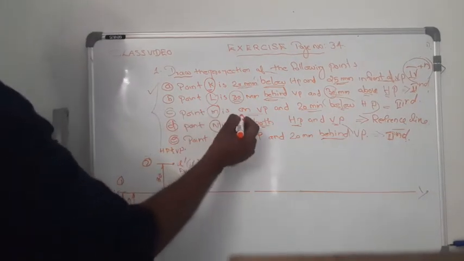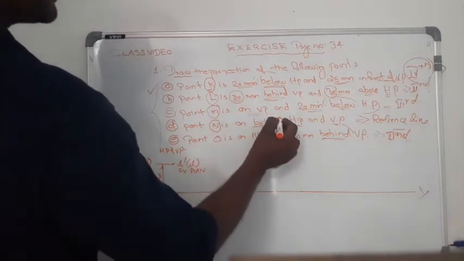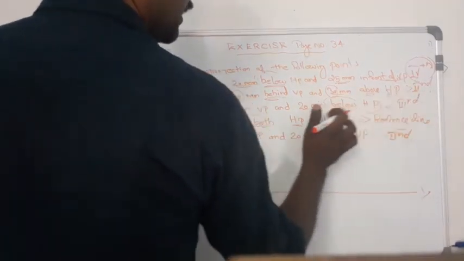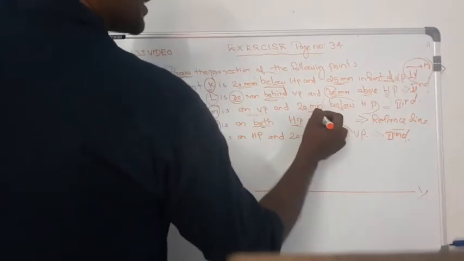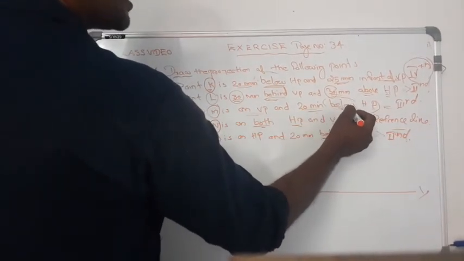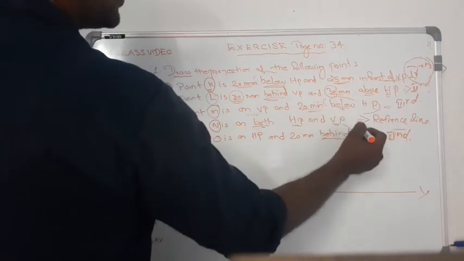And third one, M is on VP and 20 mm below HP. This is in the third quadrant. From this hint, we can understand its front view has a distance of 20 mm below HP.